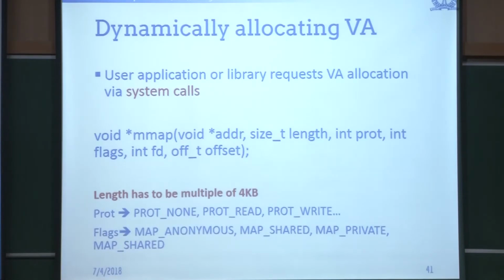The first of the few parameters it takes is called void star address. This is most of the time null. But if our application wants a specific part of the virtual address space to be allocated.